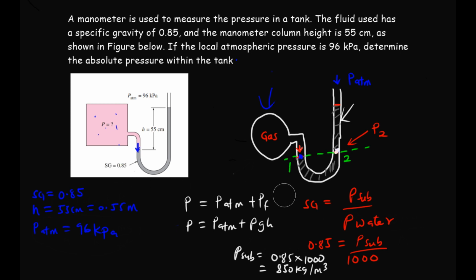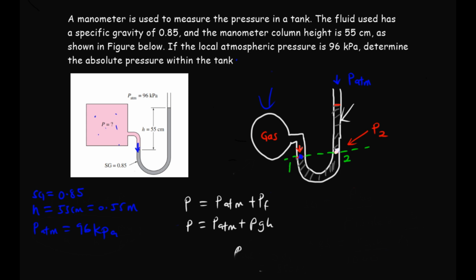I'm going to free up some space here. Now let's go ahead and do the substitution. I'm going to have P equals P atm, which is 96 kilopascal, so that's 96,000, or 96 times 10 to the power 3, plus rho g h.